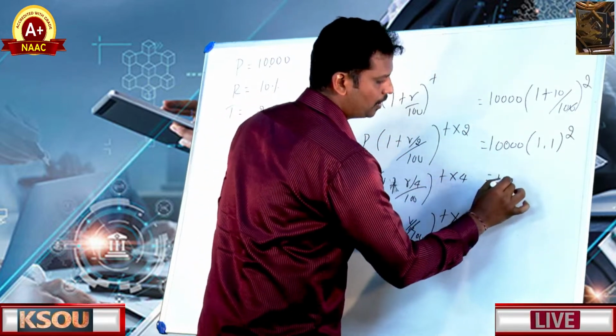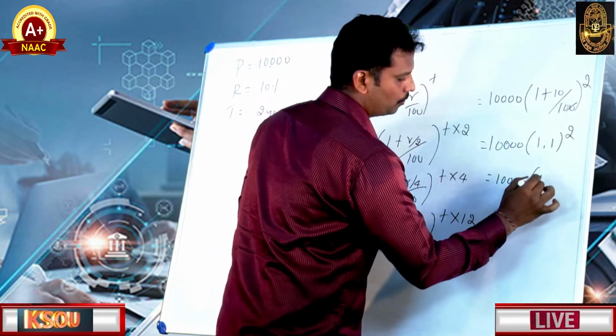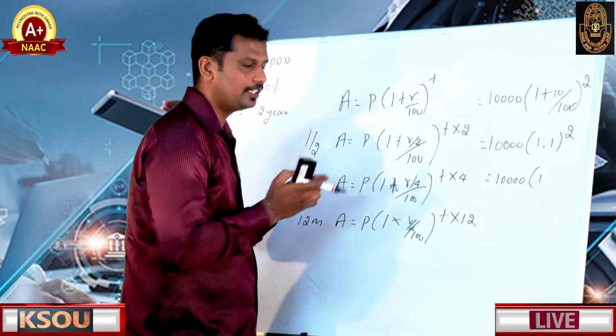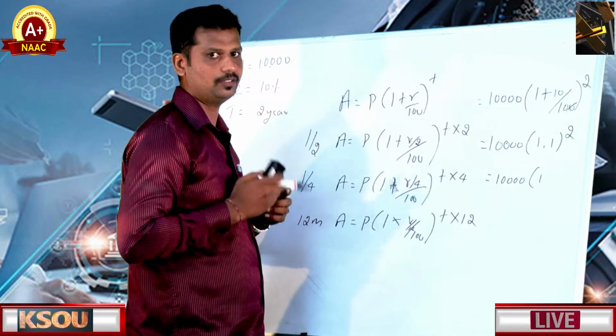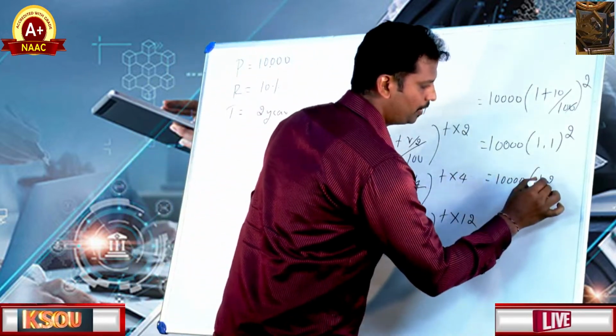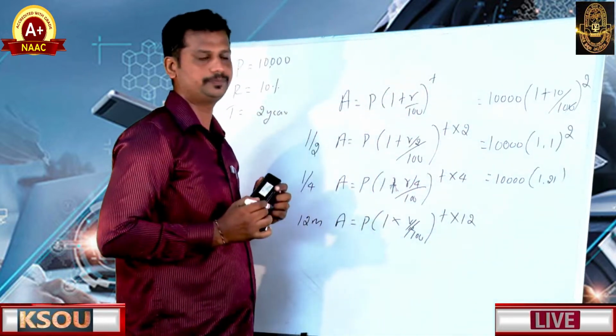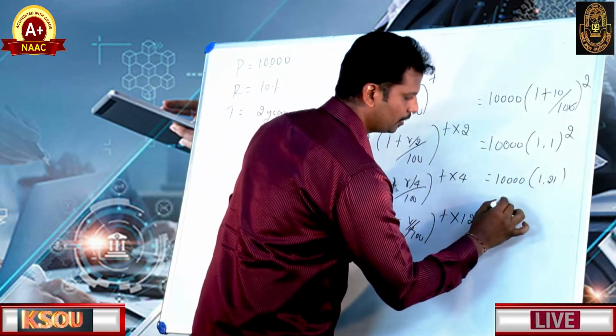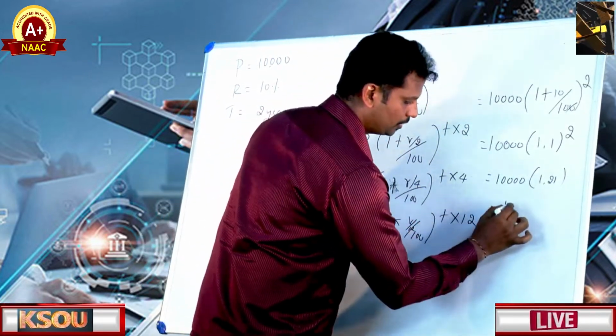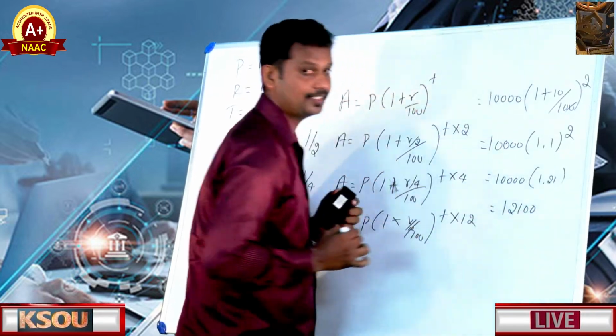Then simplify: 1000 into 1.1 to the power of 2. You can use your calculator: 1.21. The value is 1210. This is the amount.